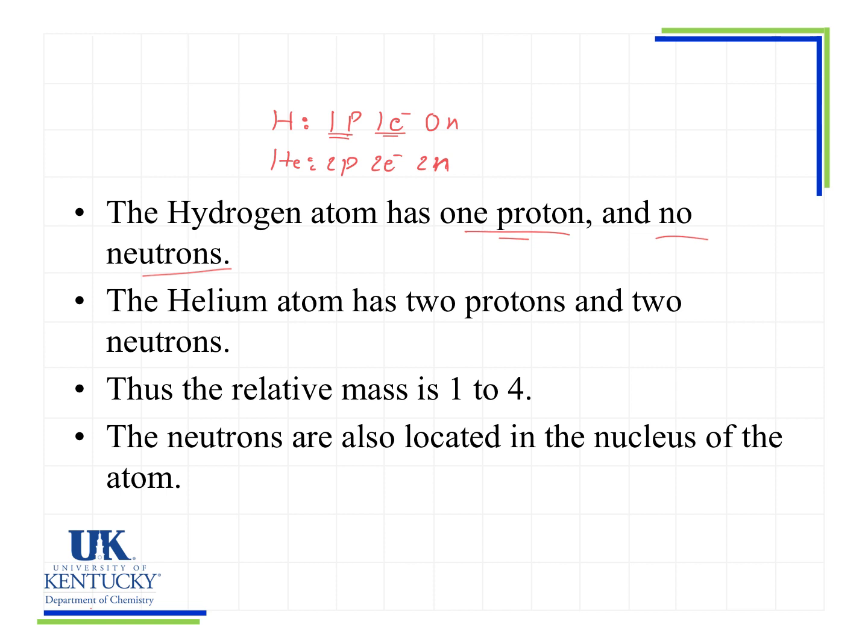So in hydrogen we have only one proton. In helium we have two protons and two neutrons. Therefore, the relative mass should be 1 to 4. So the relative mass is 1 to 4.